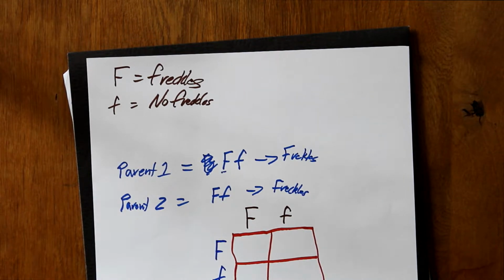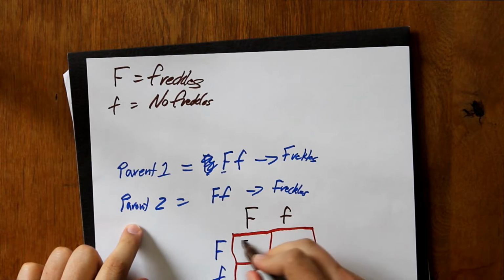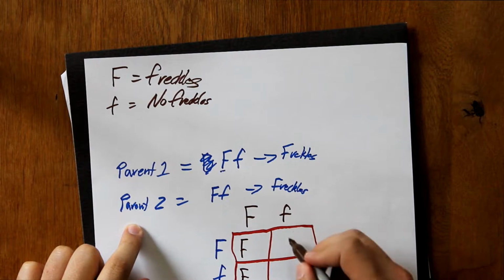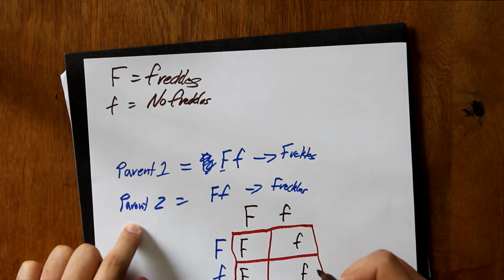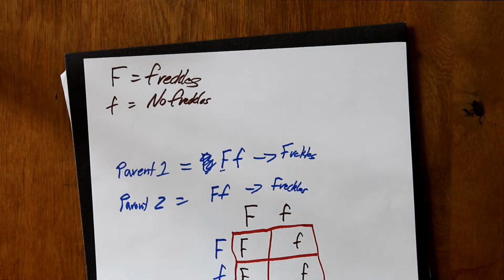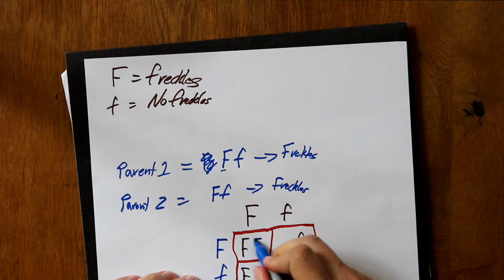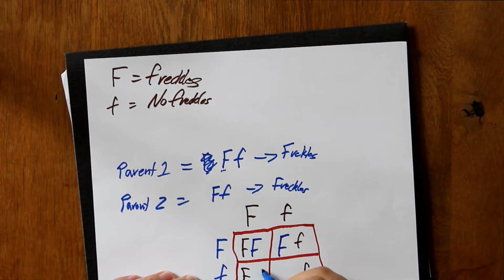So now this is how we do the cross. Parent 1 is going to give a big F. So in this column it's contributing a big F, and in this column it's contributing a little f. Okay, now this parent's going this way. In this row they contribute a big F and a big F. In this row they contribute a little f and a little f.